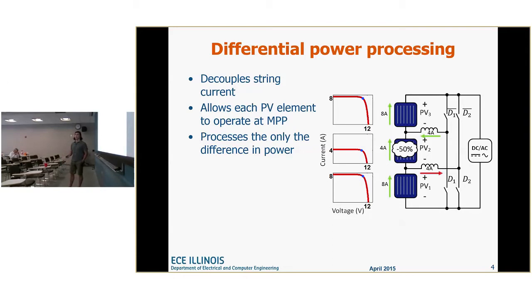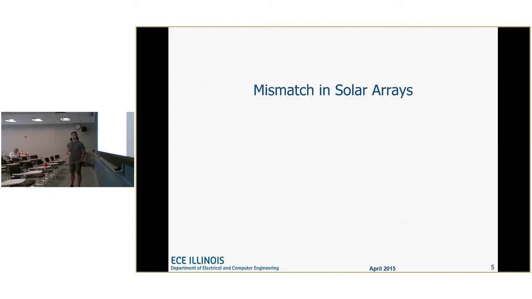And it only processes the difference in power, which gives it an advantage over existing technologies. So those are the two conventions: we either have bypass diodes or DPP, and we want to compare how each will address different types of mismatch in solar arrays.